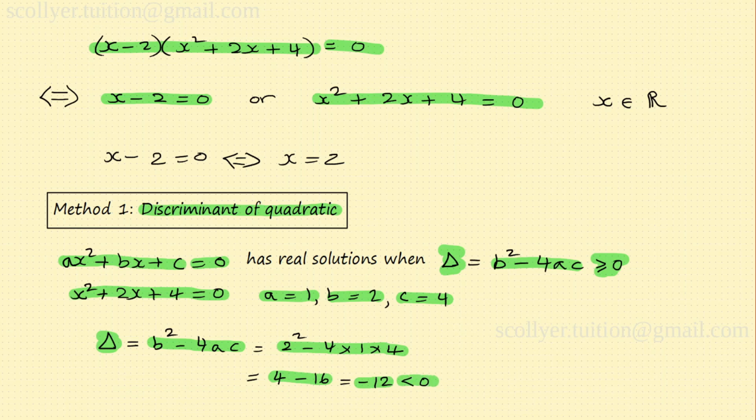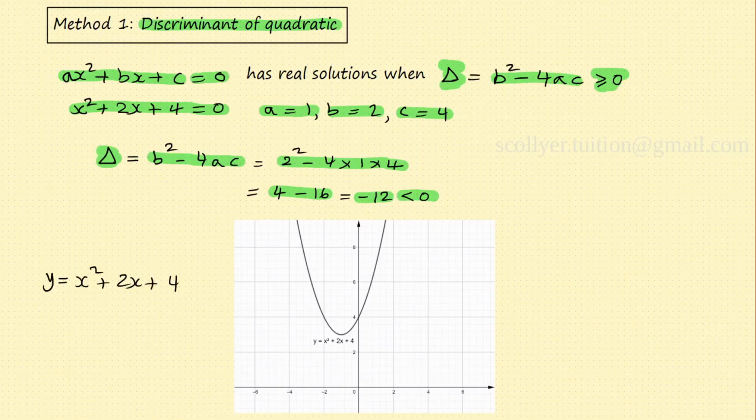Thus, x squared plus 2x plus 4 equals 0 has no real solutions. Geometrically, this corresponds to the fact that the graph of y equals x squared plus 2x plus 4, which you can see drawn here, does not cross the x-axis.